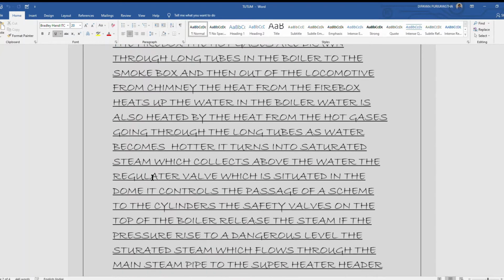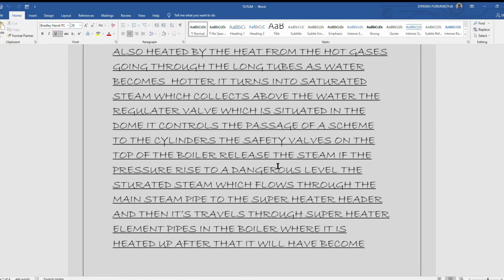As water becomes hotter, it turns into saturated steam which collects above the water. The regulator valve, which is situated in the dome, controls the passage of steam to the cylinders. The safety valves on the top of the boiler release the steam if the pressure rises to a dangerous level.